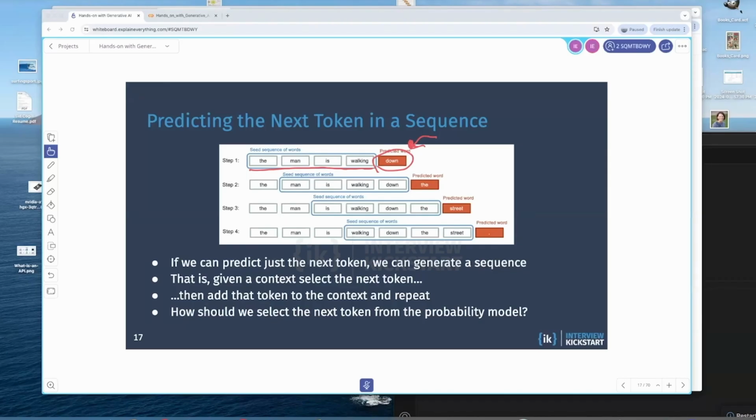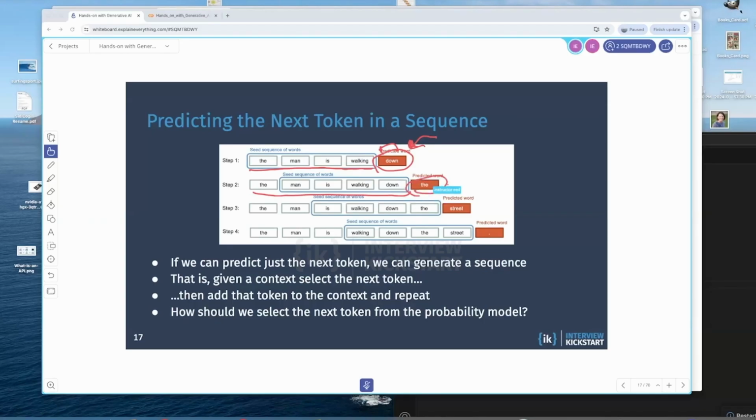If I want to generate a longer sequence of text, all I have to do is take that most probable next word, stick it onto my context, and pass the whole thing back to the model, where now my new context is "the man is walking down." Now what word comes next? Maybe it's "the."